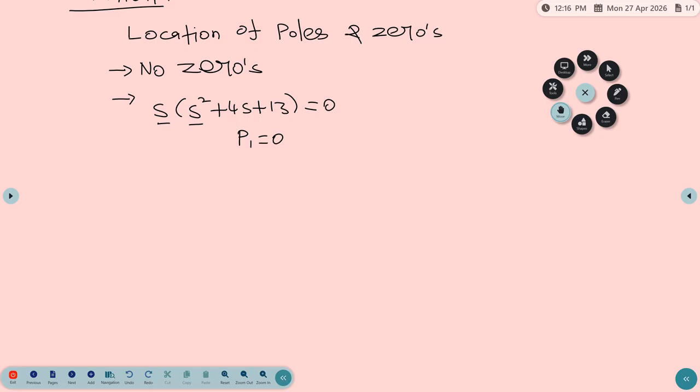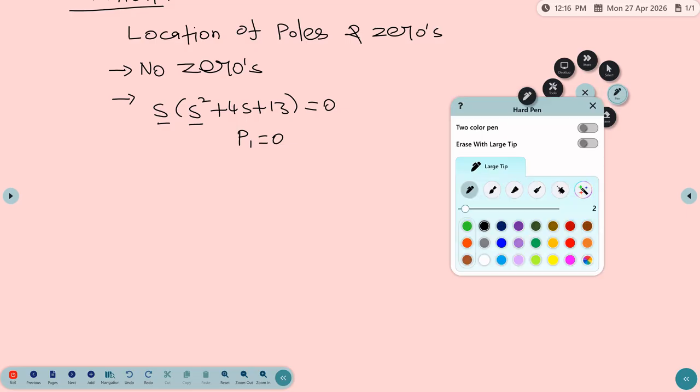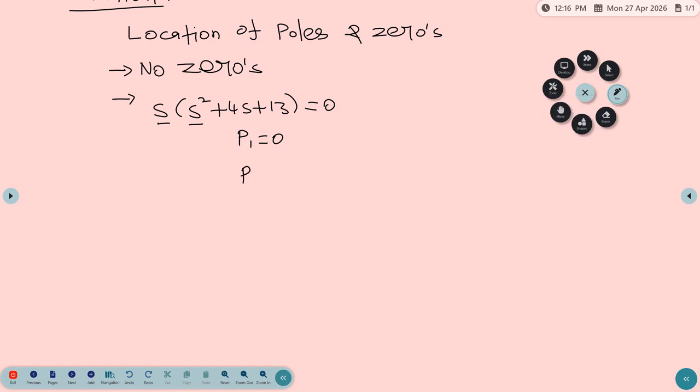Let us assume p2 equal to p3 equal to... we need to identify p2 and p3. For this, it is a second order or quadratic equation. If we multiply two numbers, we need to get 13, and if we add those two numbers, we need to get 4.